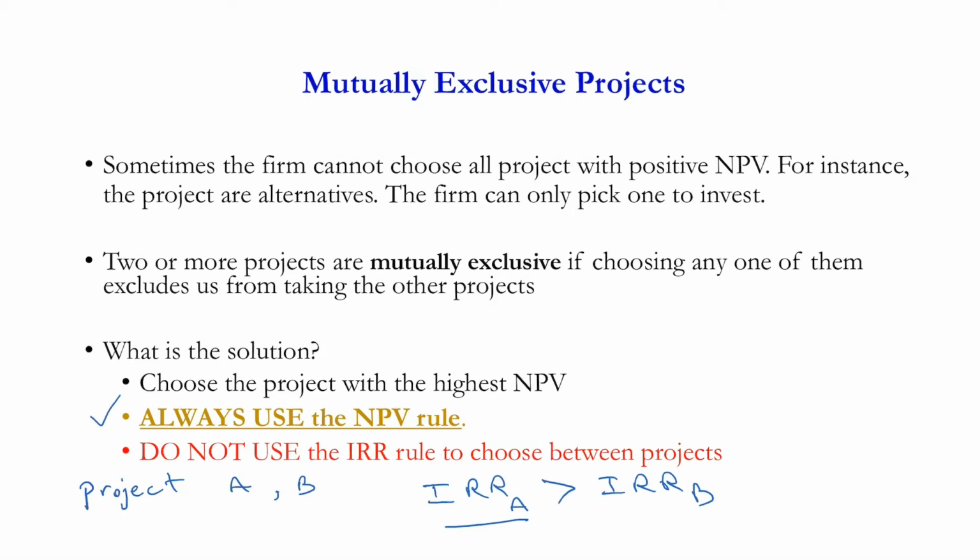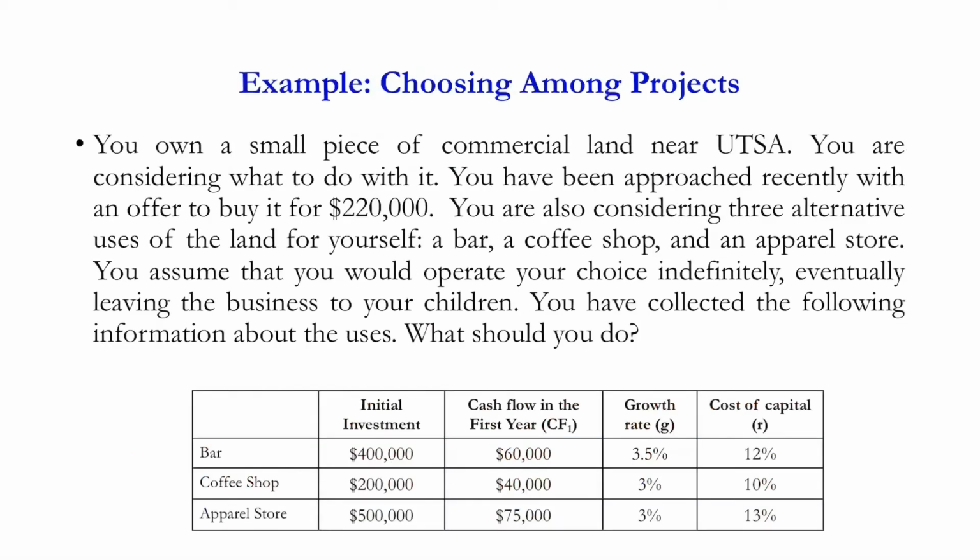So now let's solve an example to see how that works. Assume that you own a small piece of commercial land near UTSA. You're considering what to do with it. You have been approached recently with an offer to buy it for $220,000.